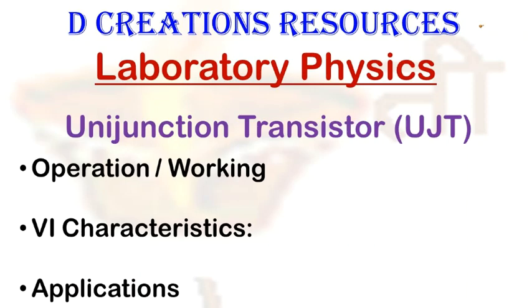The third region is the saturation region, which is beyond the valley point. You can now imagine the whole VI curve: the leftmost region was the cutoff region, then the negative resistance region, and beyond the valley voltage you have the saturation region.